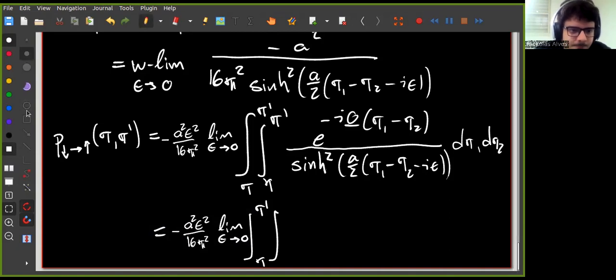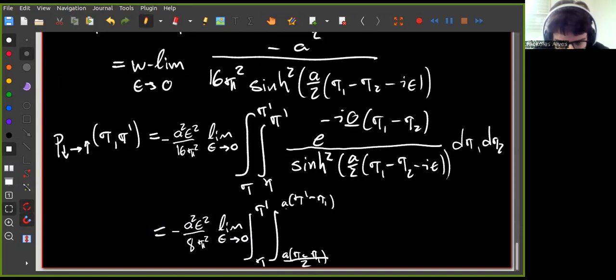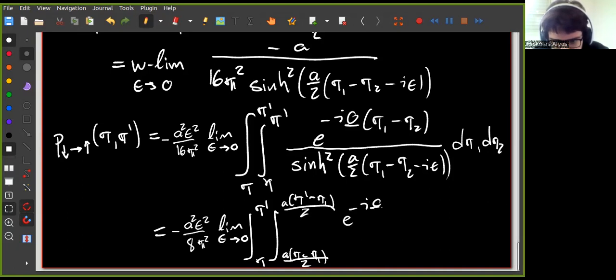And we have here is actually now an H, a tau minus tau 1 over 2, a tau prime minus tau 1 over 2, e to the minus I theta.